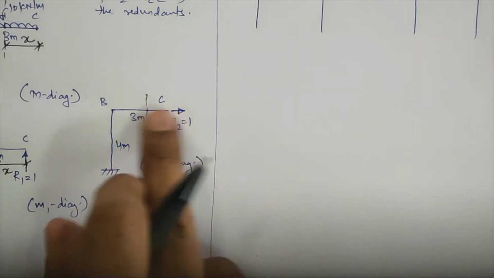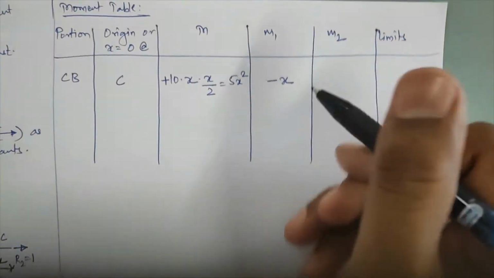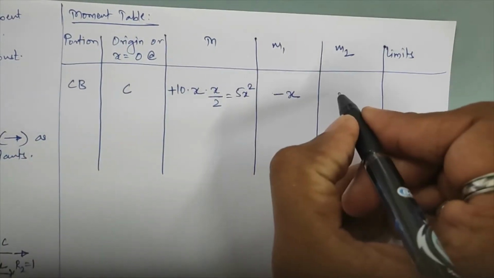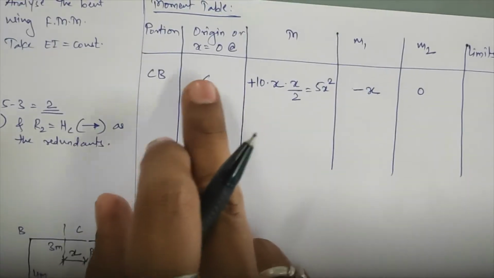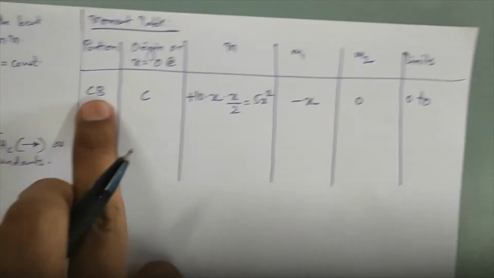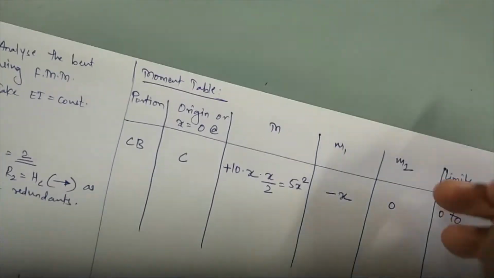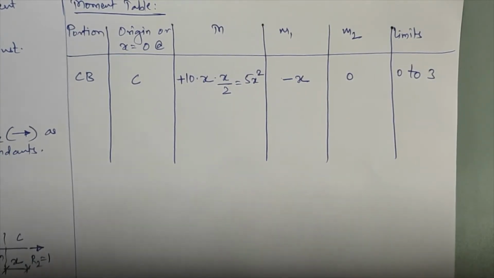So that is why the value in portion CB for small m2 becomes equal to 0. Limits of integration: C to C distance, that is 0, to C to B distance, that is equal to 3. So the limits of integration are 0 to 3 here. Okay, so this will be my first portion.